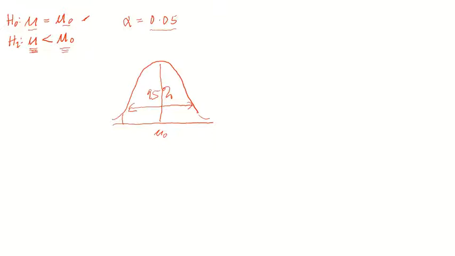We are going to keep our alpha on this side. So this one is our alpha of 5%. And everything above that is the 95% confidence interval. So the question now is, how do we test the null hypothesis?